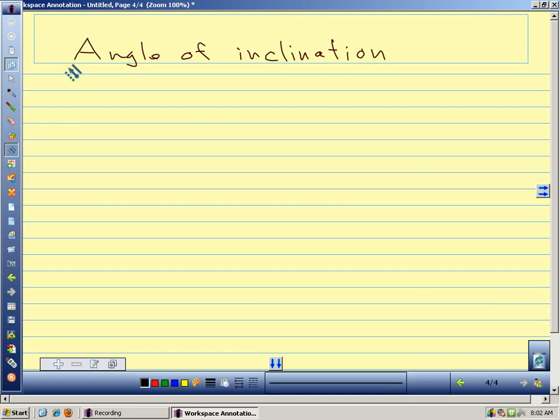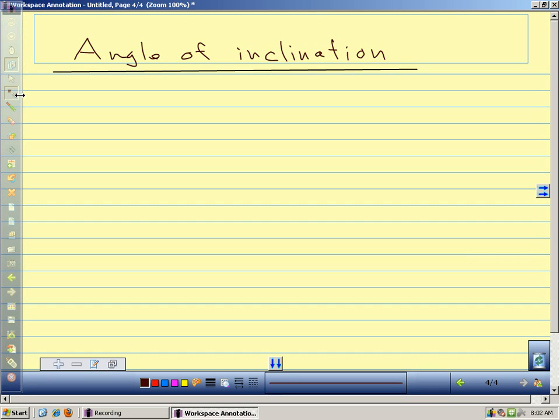So we've been talking about these tangent planes, and we're interested in angle of inclination. We're interested in the angle that our tangent plane makes with the xy plane.